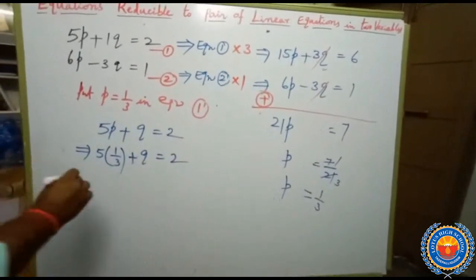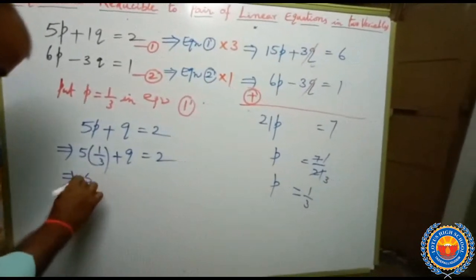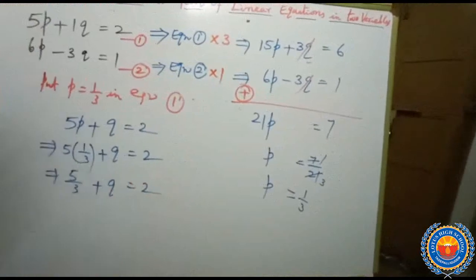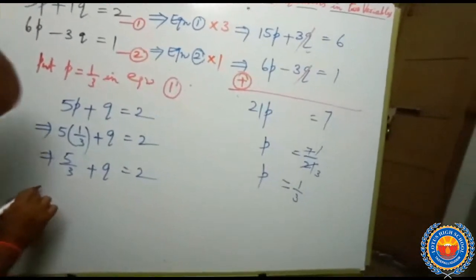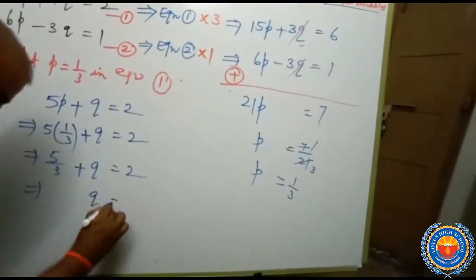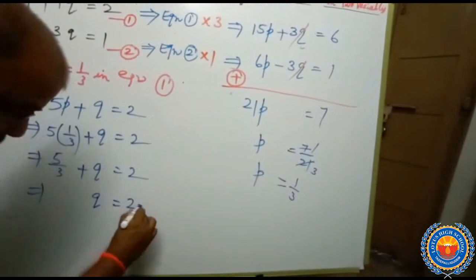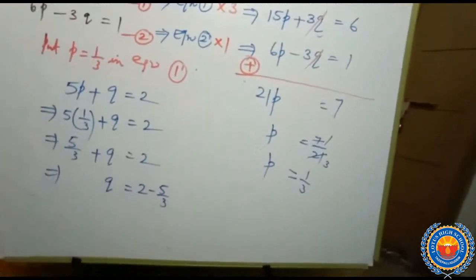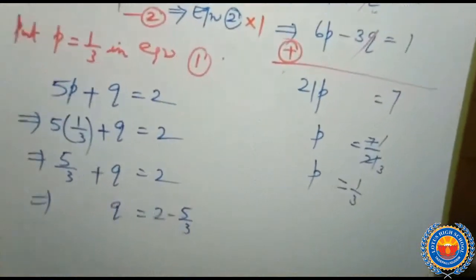So no cancellation. That's why 5 by 3 plus q is equal to 2. That implies q is equal to 2 minus 5 by 3.